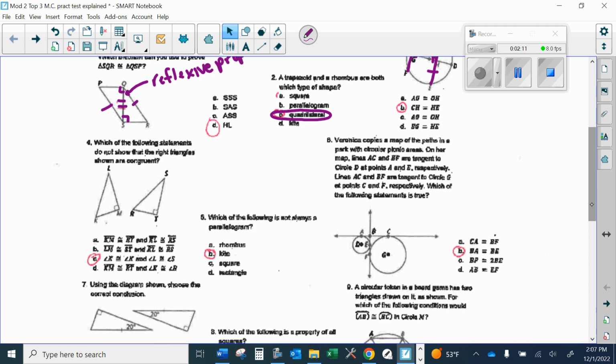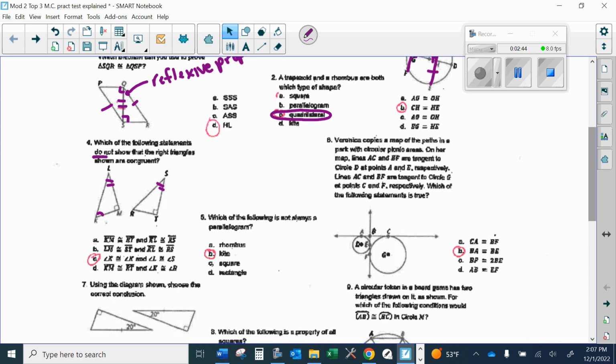Number 4, which of the following statements do not show that the right triangles shown are congruent? Okay, so if I have angle K is congruent to angle K, that does me good. Angle L is congruent to angle S. Okay, I have an A in one, and just an AA in the other.